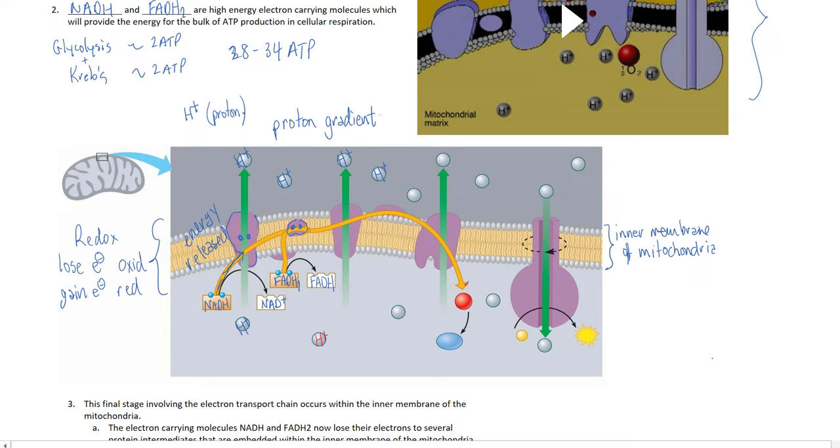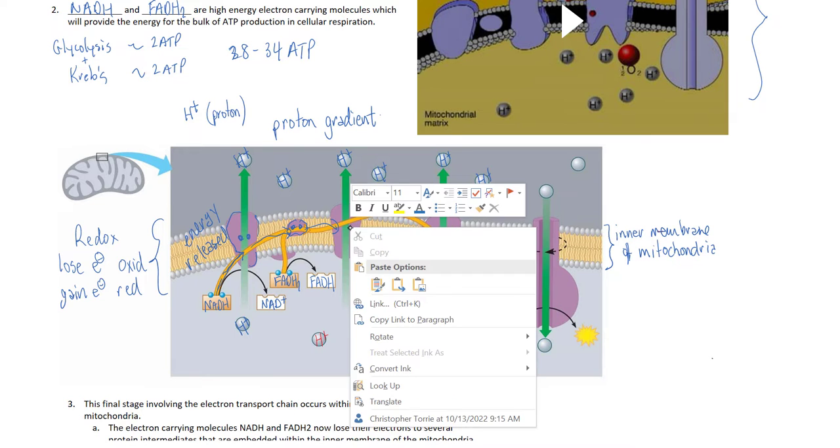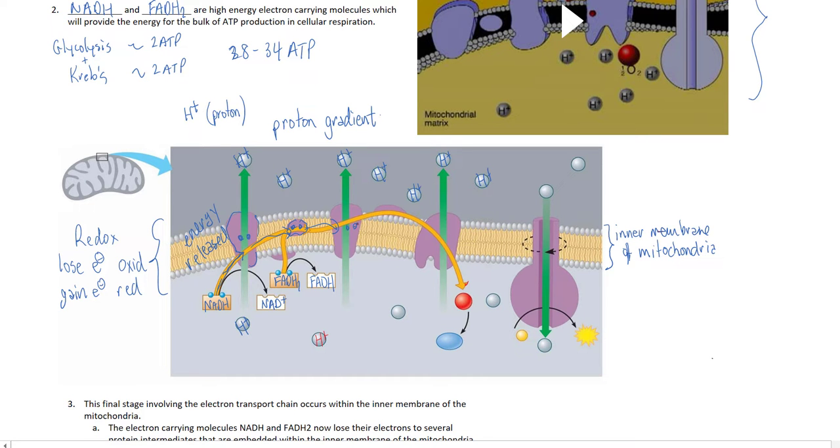So we often refer to this as the proton gradient, even though it's a high concentration of H+ ions. All along the electron transport chain, electrons are being shuttled from one protein to another, and the energy released from that pumps the protons from the inner membrane across to the outer membrane. So we've got a high concentration of H+ ions on the outside.